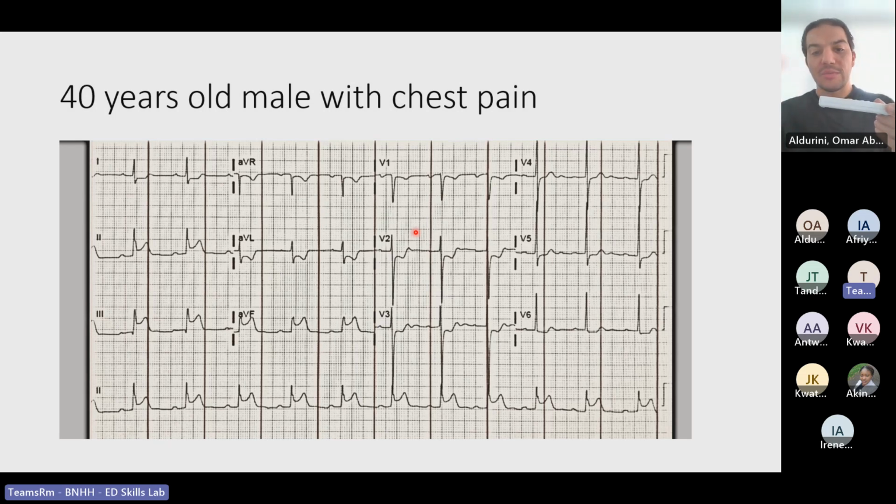And the mirroring of it is called reciprocal change. Okay. Basically, it's ST segment deviation to the opposite side from the original area. In this patient, the original change is ST segment elevation, which is more significant for us, okay, is taking the inferior wall of the heart, and it is reciprocating in the anterior wall as well and in the lateral wall.